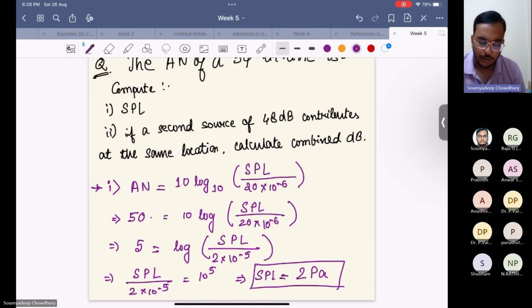So anyone else? Is it clear the first part? Any doubts? Anyone? Anushri, are you getting?